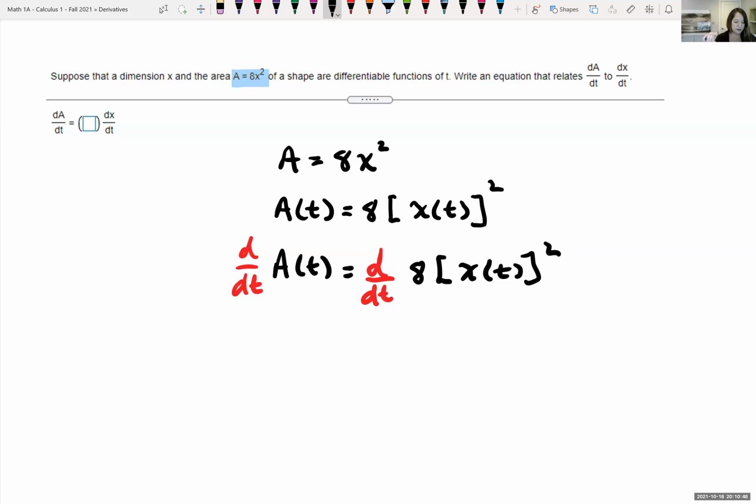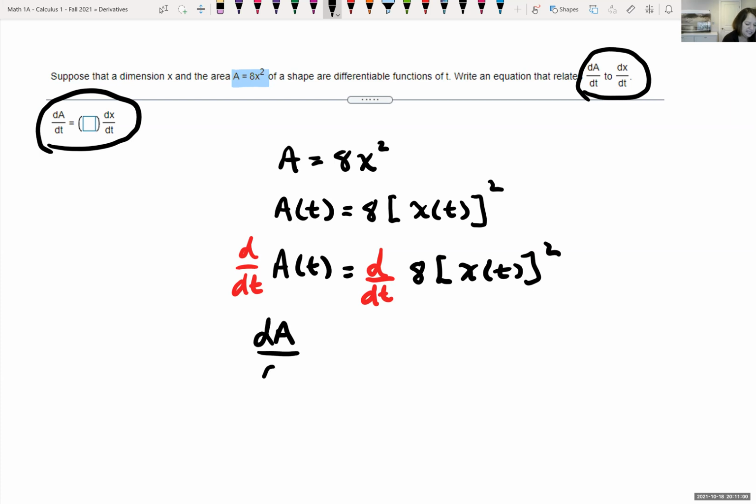And so when I take the derivative of A of t, I get back A prime of t, or because of our notation and how it asked, I'm just going to say this is the derivative of A with respect to t, dA/dt equals. When I take the derivative of the right-hand side, I need to think of this as the chain rule. The outer function I can think of as 8 of something squared.